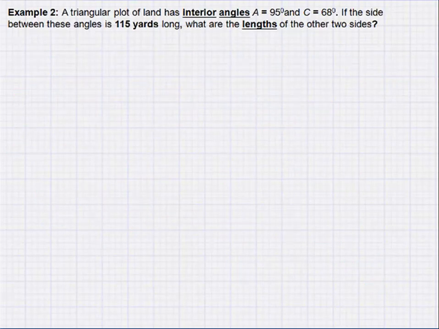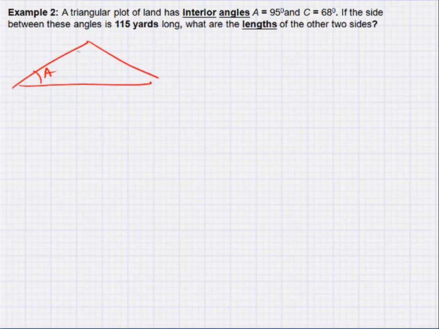So here's another one. A triangular plot of land has interior angles 95 degrees, 68 degrees. If the side between these angles is 115 yards long, what are the lengths of the other two sides? So I'm just going to draw a random triangle.